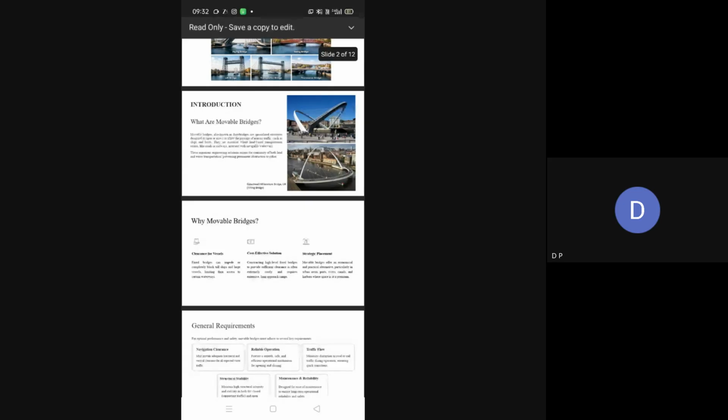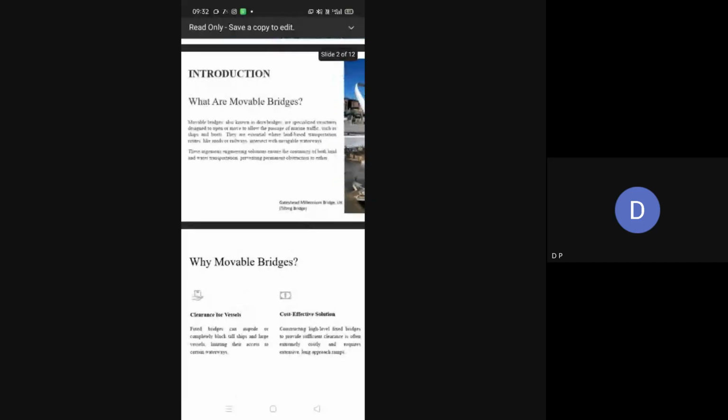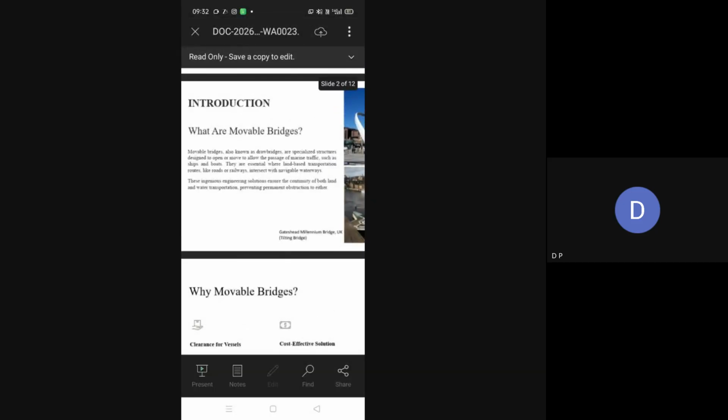Movable bridges, also known as drawbridges, are specialized structures designed to open or move to allow the passage of marine traffic such as ships and boats. They are essential where land-based transportation routes like roads or railways intersect with navigable waterways.